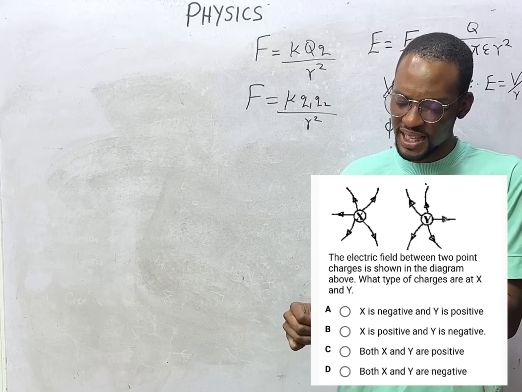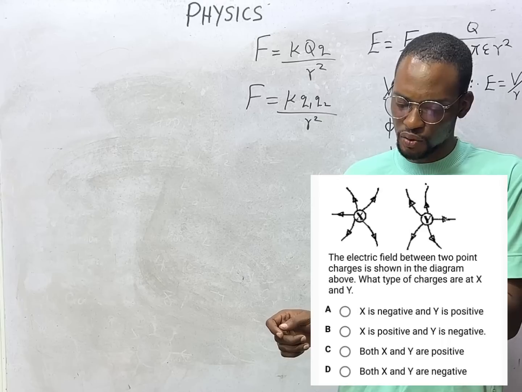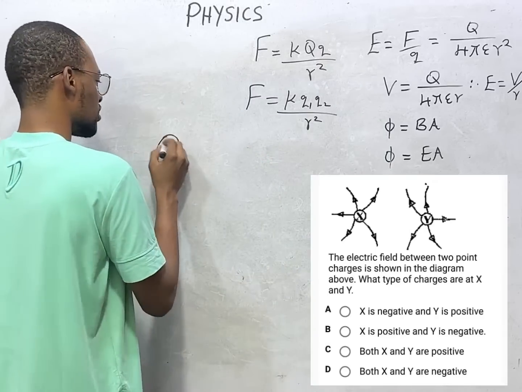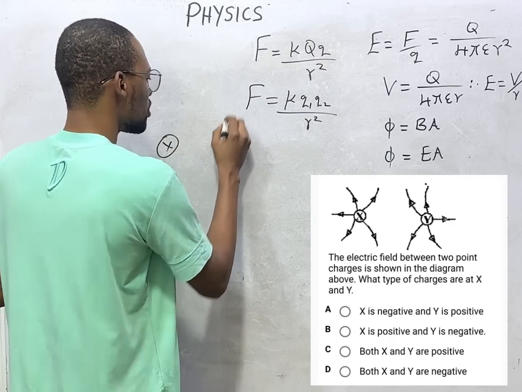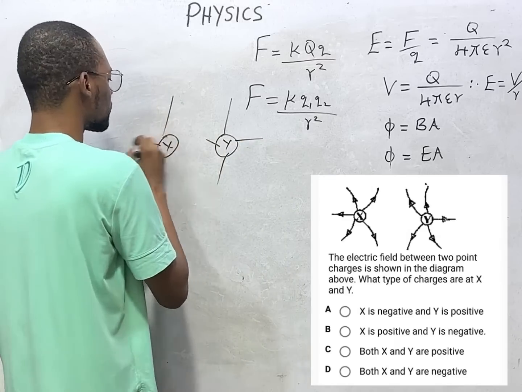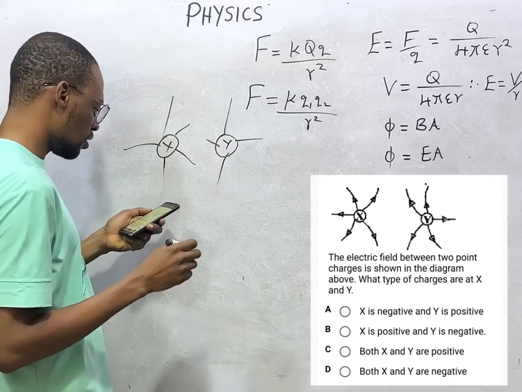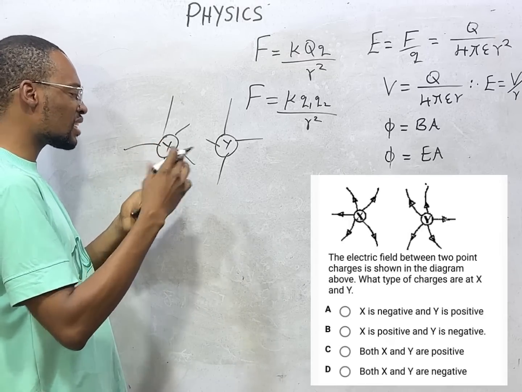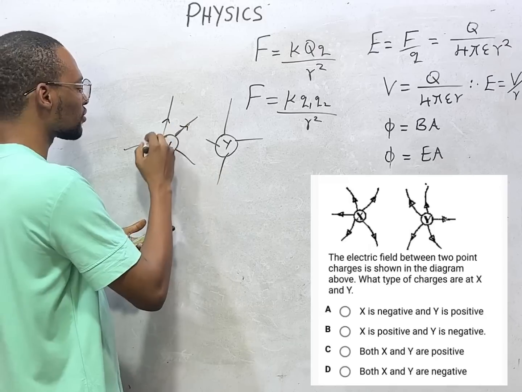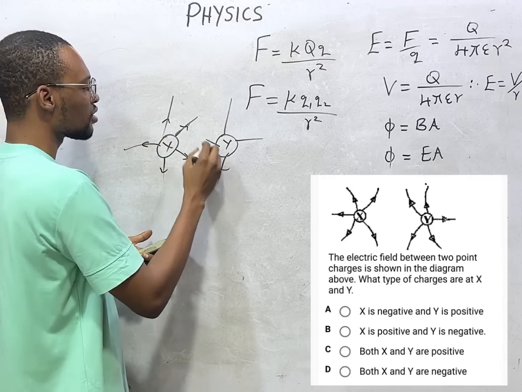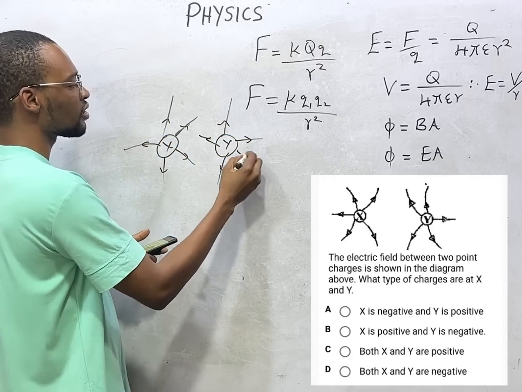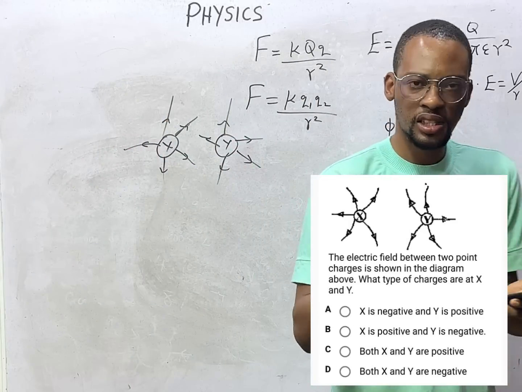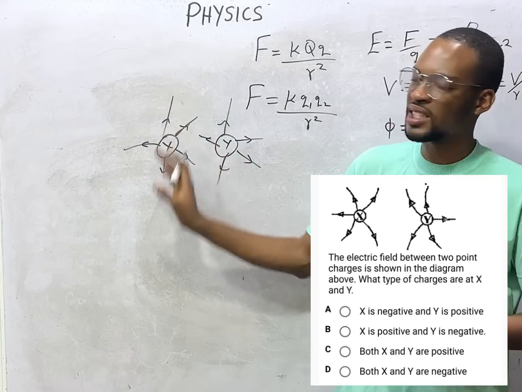The electric field between two charges is shown in the diagram above. What type of charges are at S and Y? If you look at S and you look at Y, you notice something. The electric lines of force are going like this. And I told you that for positive charges, electric lines of force will go out.